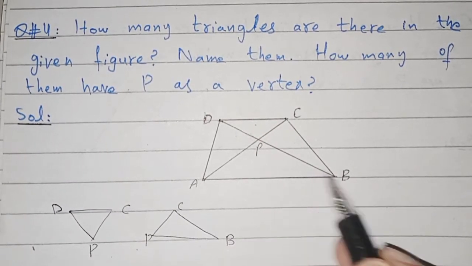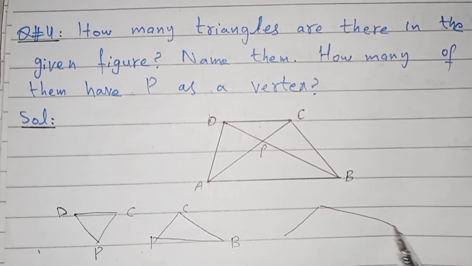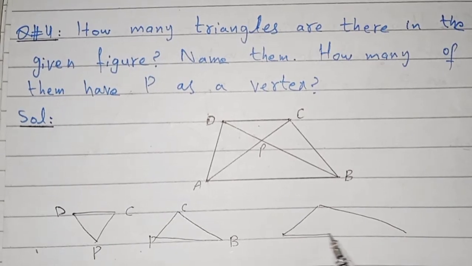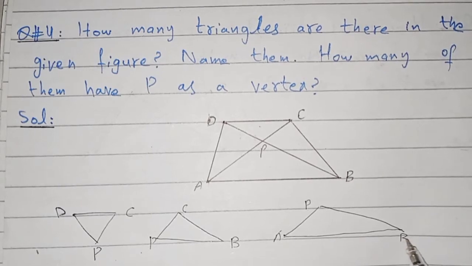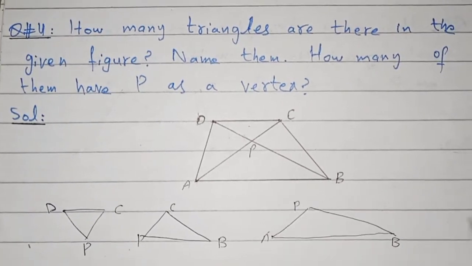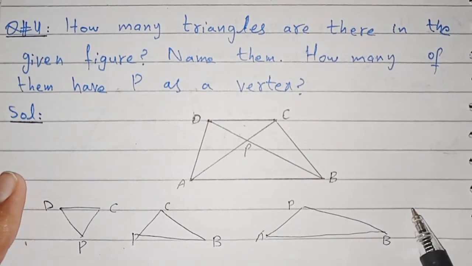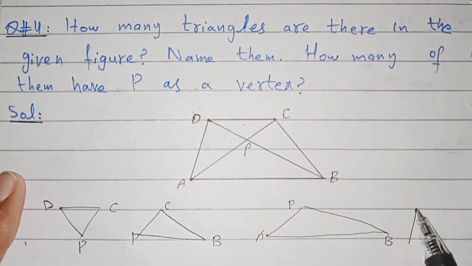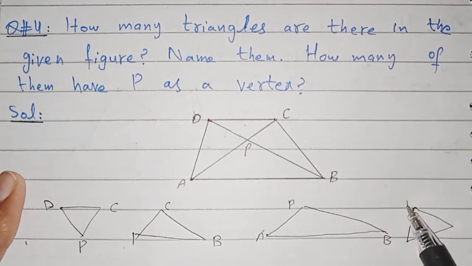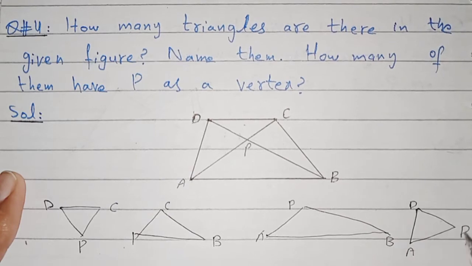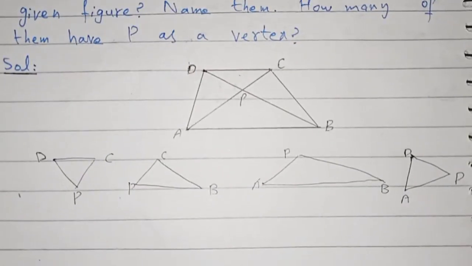Third small is APB, like this. And fourth small triangle is this one, DAP, D, A and P. This triangle. Now we are taking large triangles.